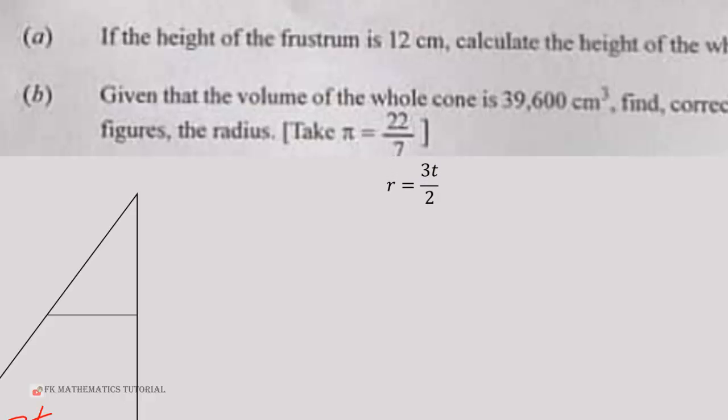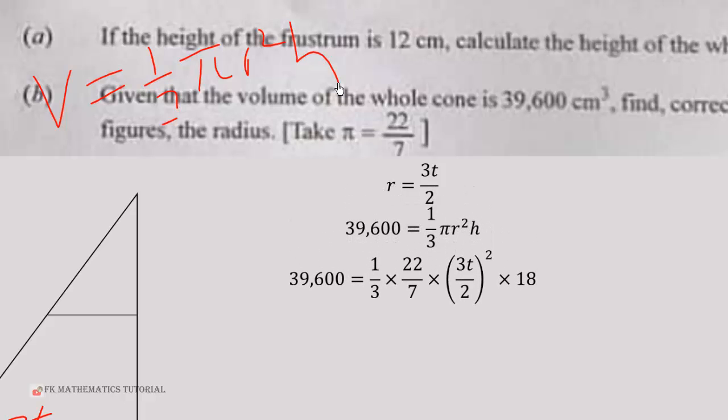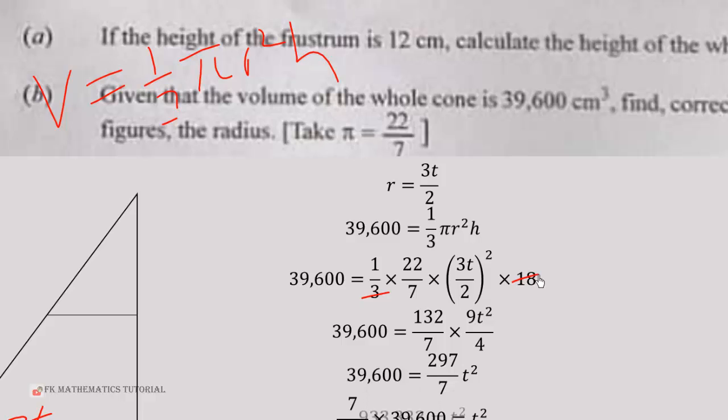Now the volume of a cone is given by v equals 1 over 3 pi r squared h. So we substitute these values. 3t squared is 9t squared over 4. When you simplify the whole thing, you get t squared to be equal to 933.333 recurring.